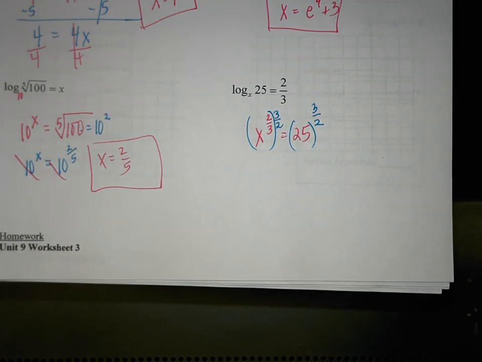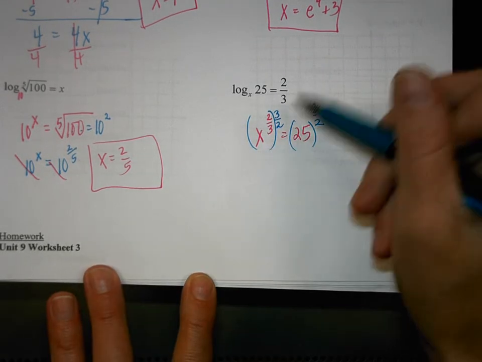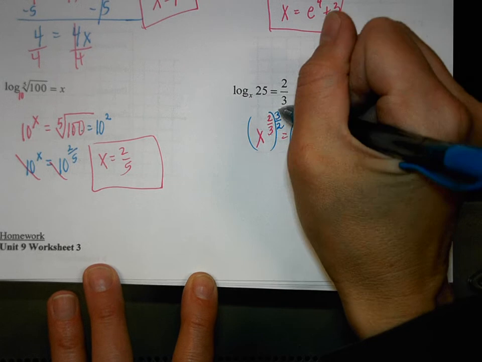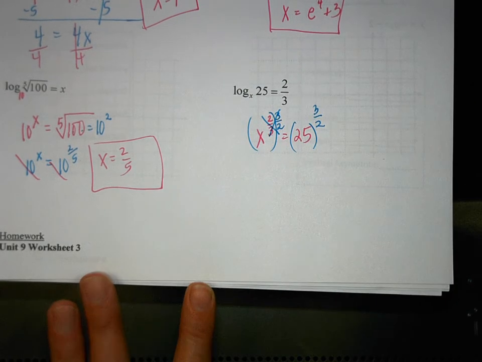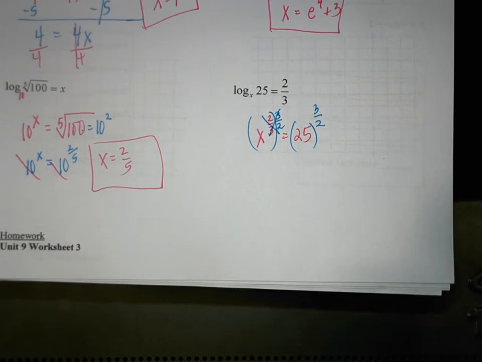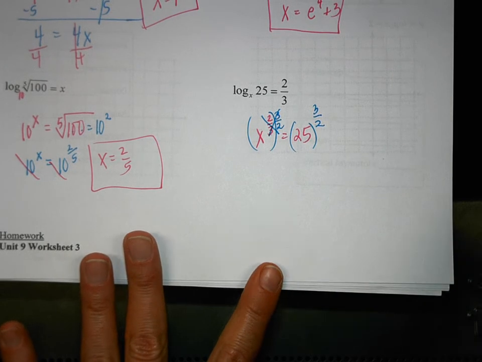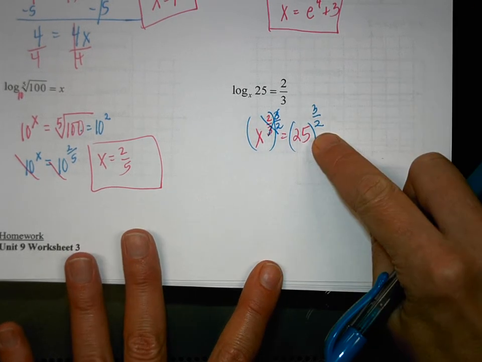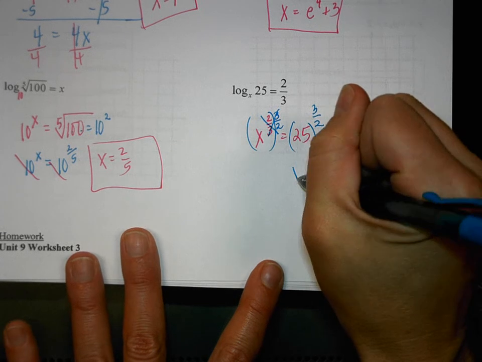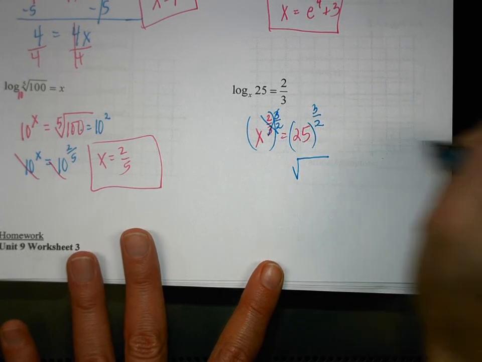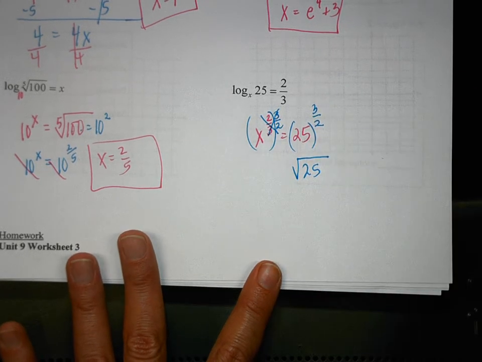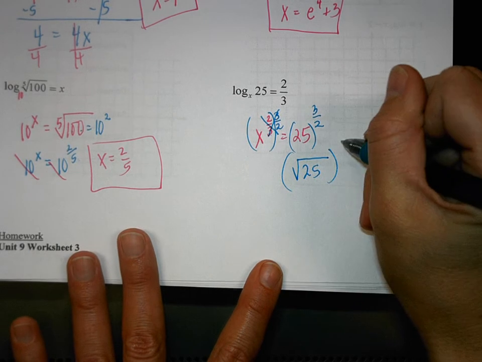So, do you guys see here how this reduces, cancels out? Okay, so now what? How can I simplify that? This is what Tigran said. Not cubed root. Square root of 25 to the third power.